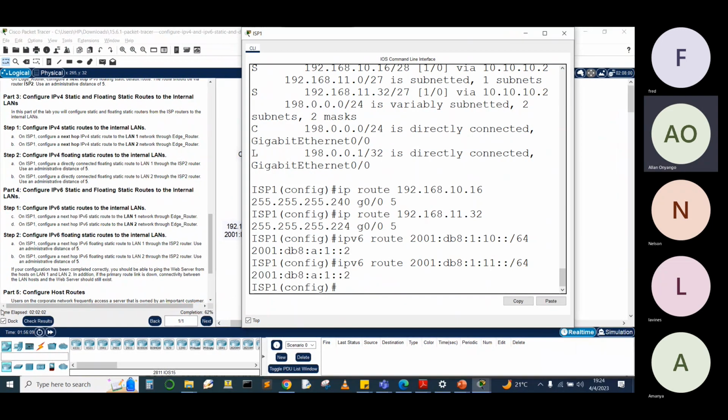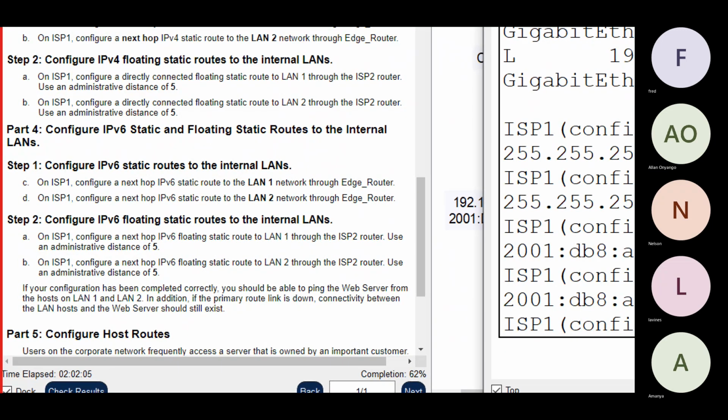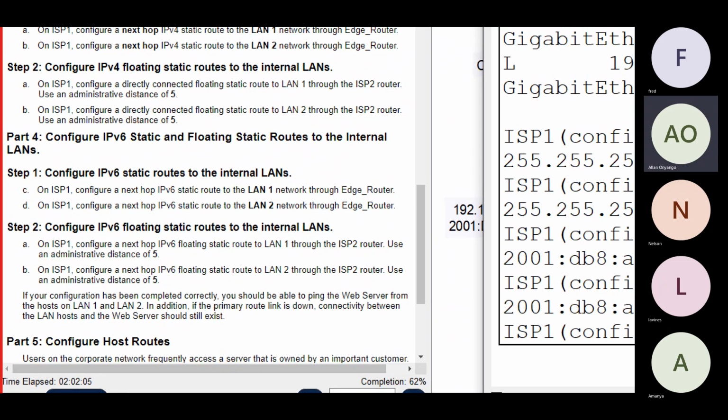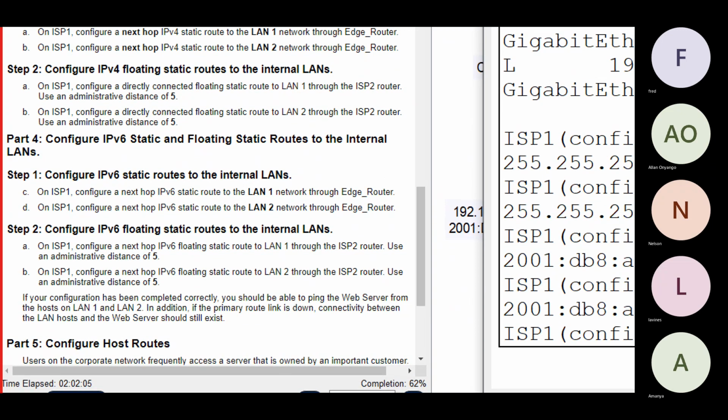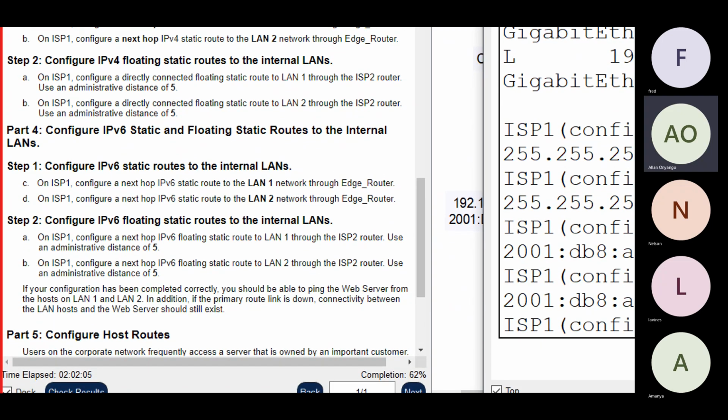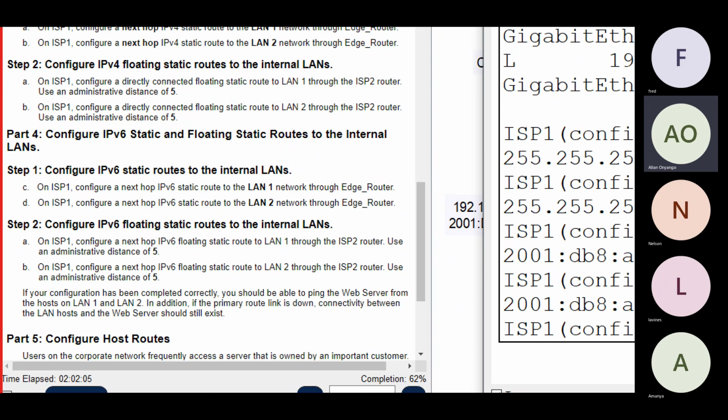Then the next thing we do is go to step 2 of part 4.